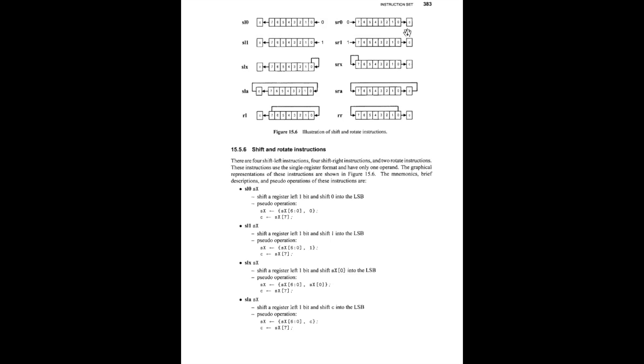Shift right, 0 fill, shift right, 1 fill, shift left, 1 fill, shift left, X, and what we're doing is preserving the LSB. Shift right X, again shifting, preserving the MSB. Shift left all, which is basically shifting through the carry bit back around to the 0 bit.